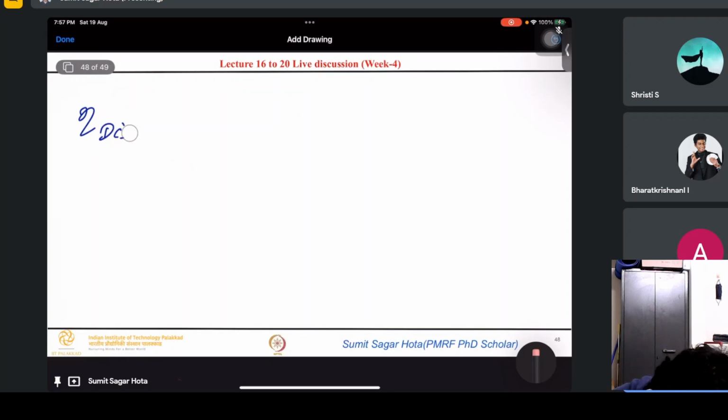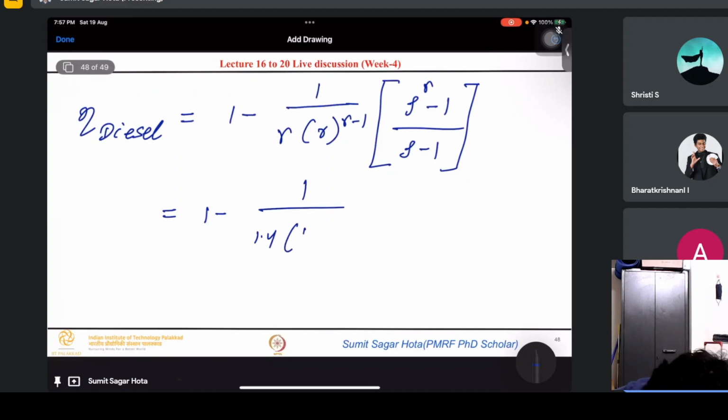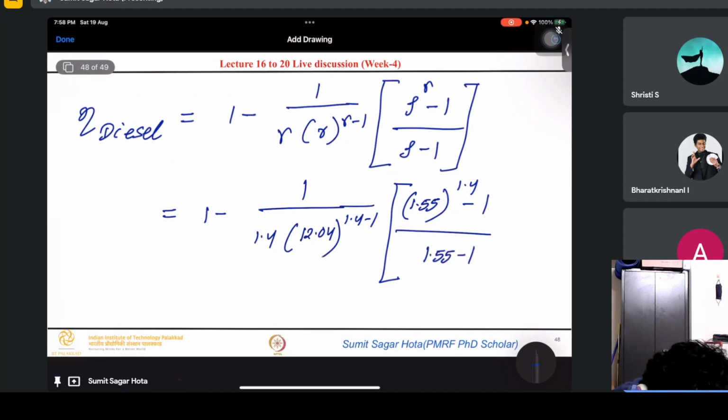These are the most important things you have to remember, especially in these lectures. 1 minus 1 by gamma r to the power gamma minus 1, rho to the power gamma minus 1 divided by rho minus 1. 1 minus 1 by 1.4, 12.04 to the power 1.4 minus 1, rho 1.55, gamma 1.4 minus 1 divided by 1.55 minus 1.